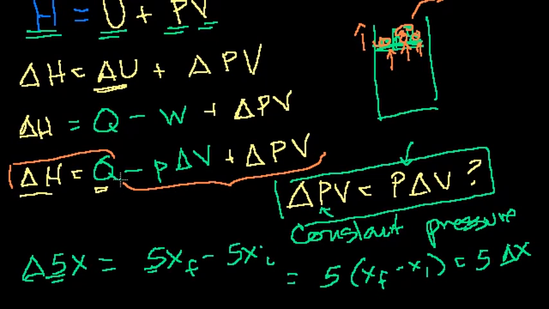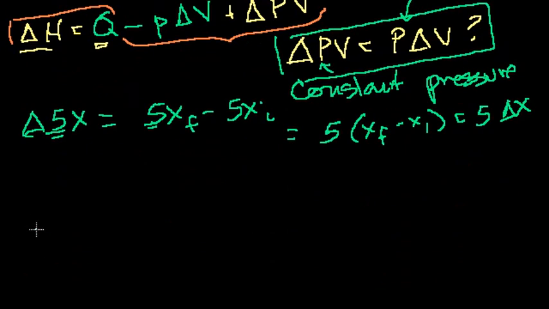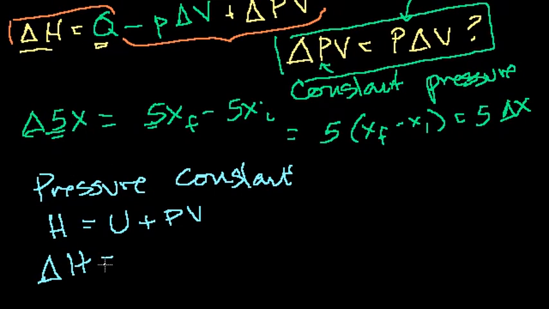If heat is being applied in a constant pressure system, then our definition, this enthalpy thing we made up, which we defined as internal energy plus pressure times volume, has a change in enthalpy that, as we just showed, will be equal to the heat added to the system, because these two things become equivalent under constant pressure. This is only true when heat is added in a constant pressure system.